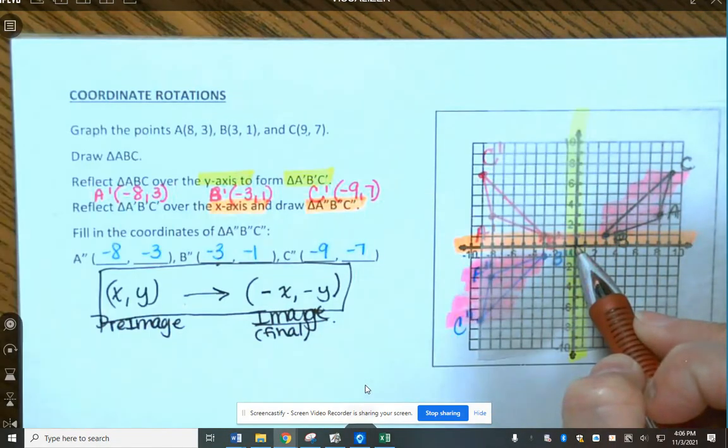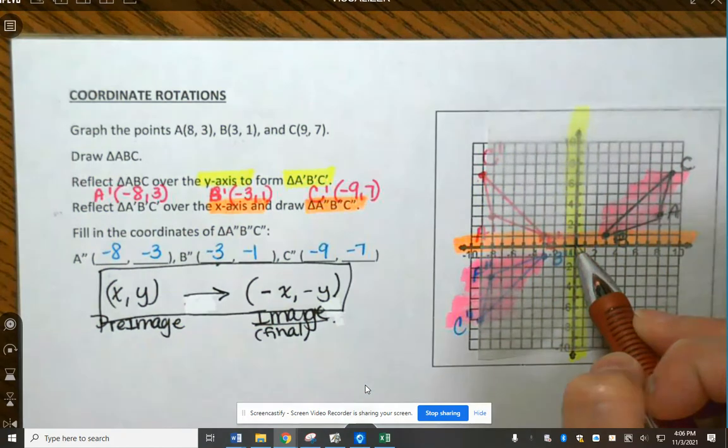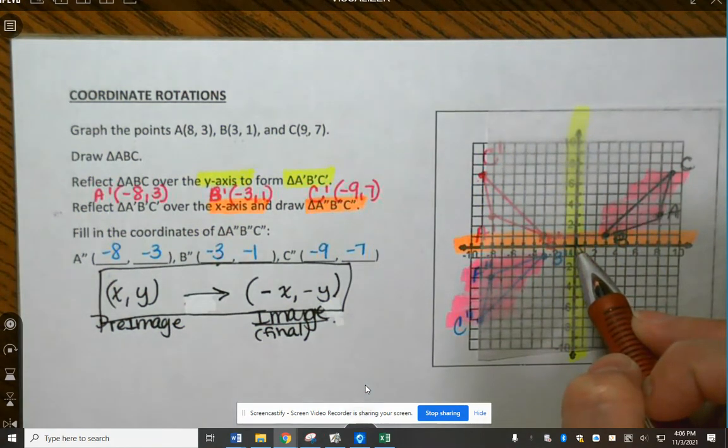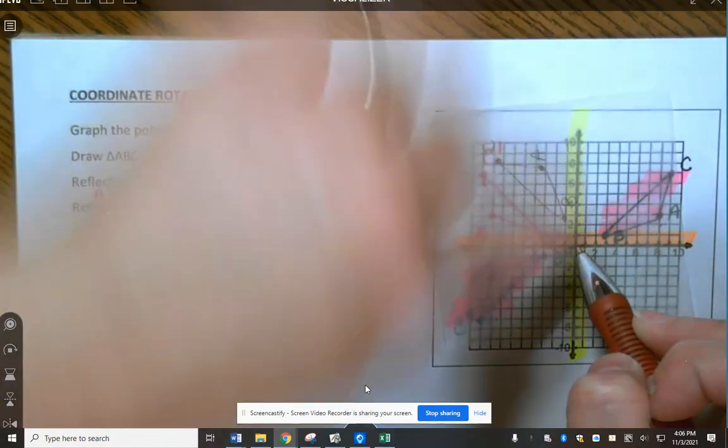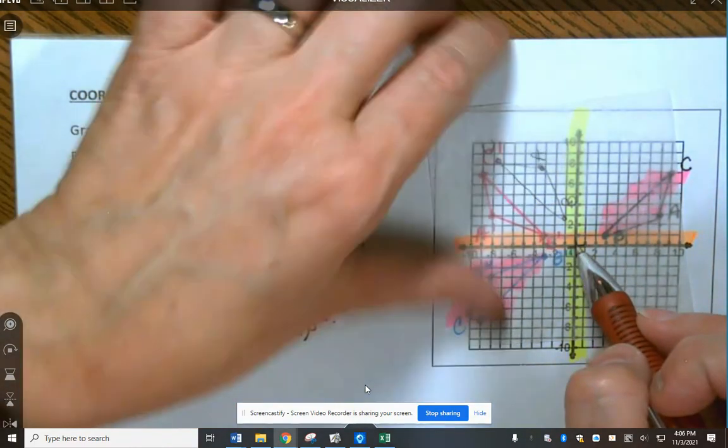So I'm going to choose the origin, which most of the time is going to be your center of rotation. And if I rotate it to where the x and y axis line back up, that's 90 degrees.